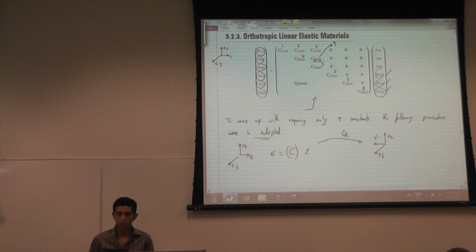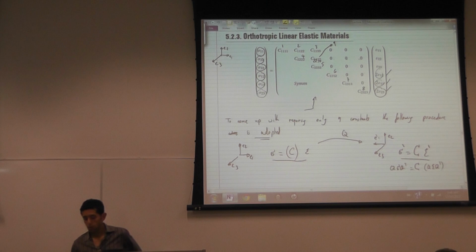Because the material is symmetric, the new sigma prime will have to give me the same C, epsilon prime. Knowing that this relationship and this relationship are true, this is Q sigma Q transpose. This is equal to C. This is Q epsilon Q transpose.